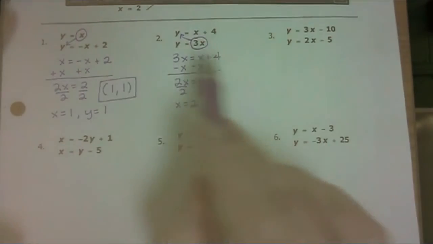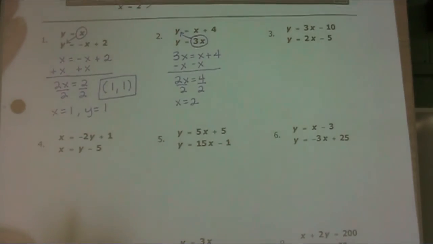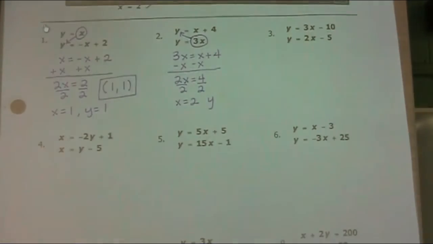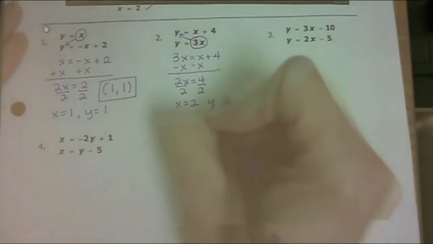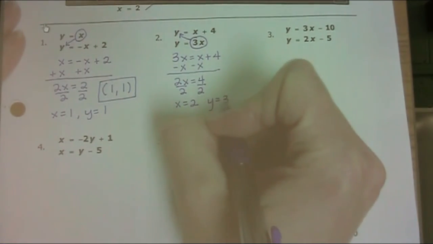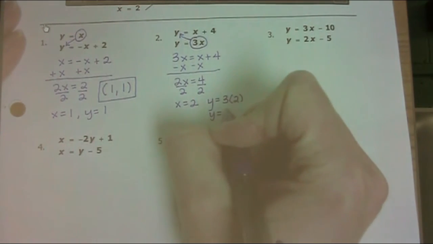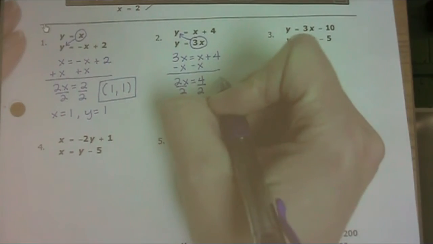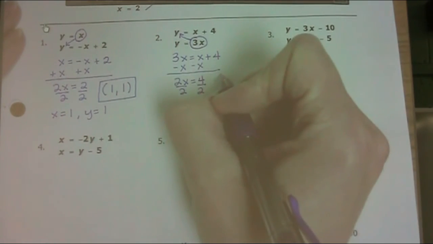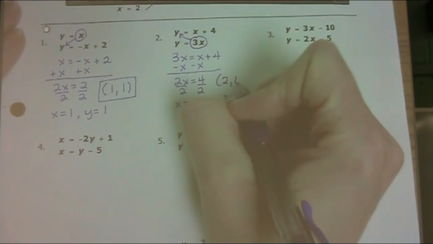And I know, for example, that y equals 3x, and x is 2. So y equals 3 times 2, which gives me y equals 6. So my solution, x comma y, is 2 comma 6.